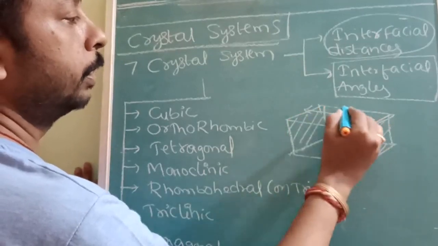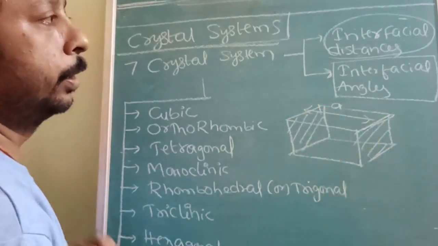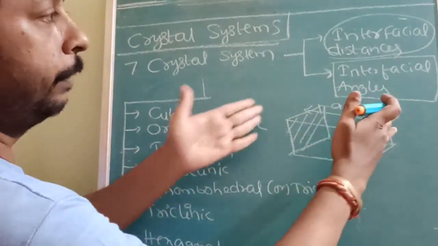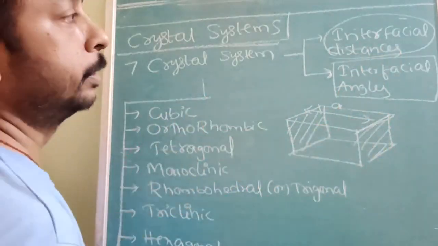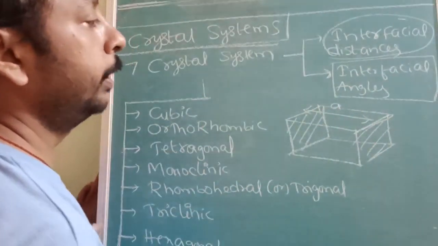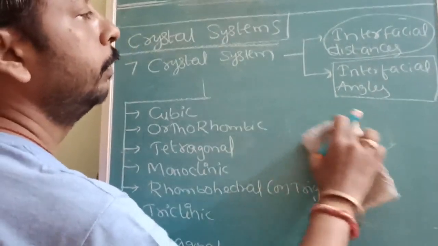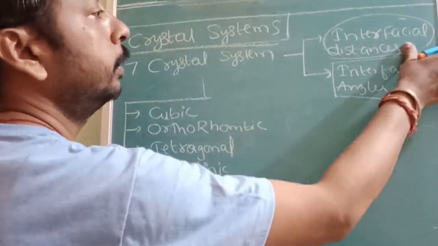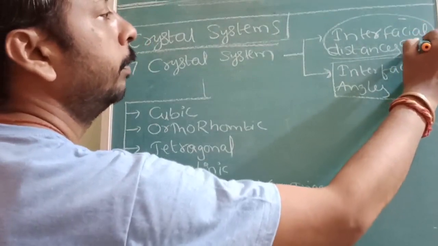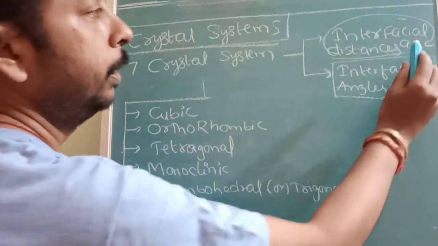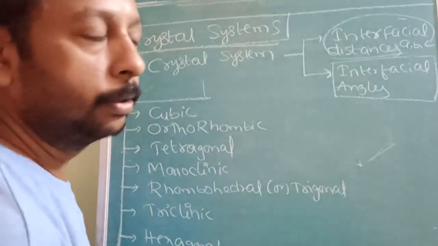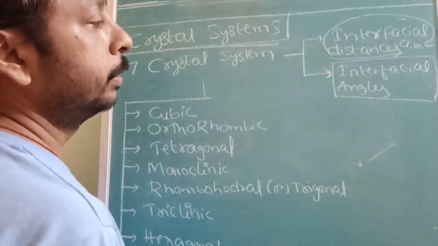Whatever the distance is between these two is called interfacial distance. We will have a total of 3 distances: A, B, C, simple length, breadth and height.